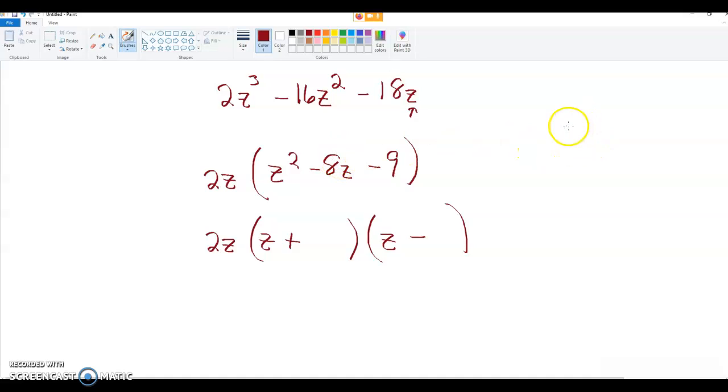We know our factors of negative 9 could be a negative 3 times 3. Well, those won't sum together to give us a negative 8. So if I do negative 9 times a positive 1, that will multiply together and give me a negative 9, and a negative 9 plus 1 will give me my negative 8. So my factors are going to be a negative 9 and a positive 1.